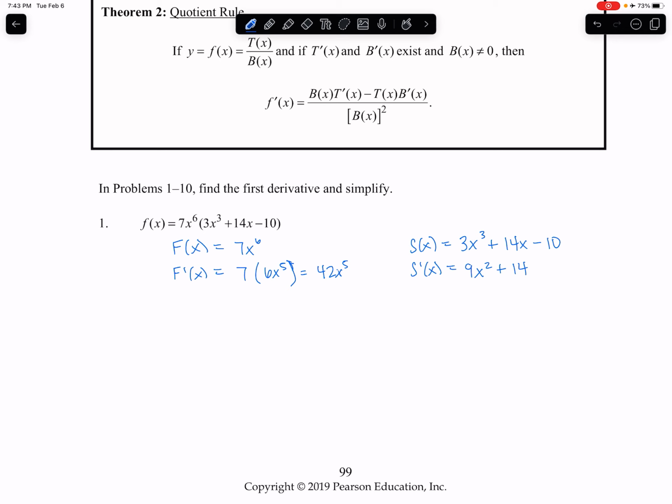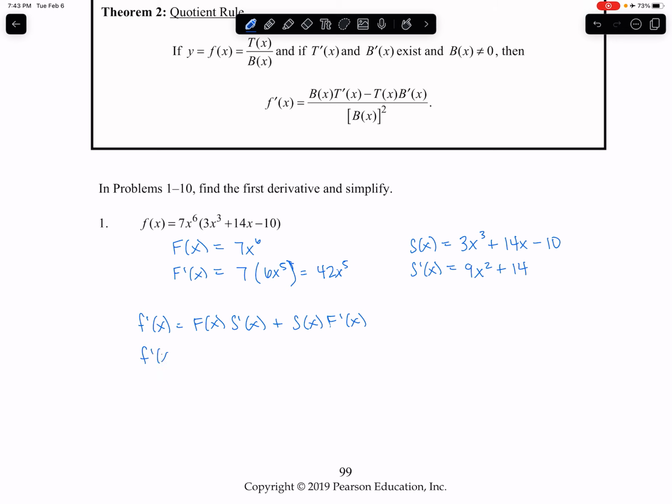So remember, to take the derivative, f prime, we take the first times the derivative of the second plus the second times the derivative of the first. And you won't have to write this out every time, but since we are learning it, I'm writing it out.